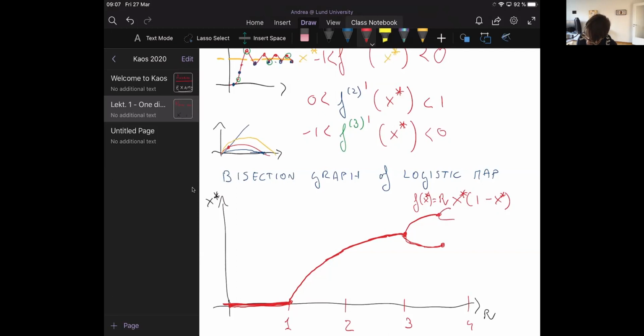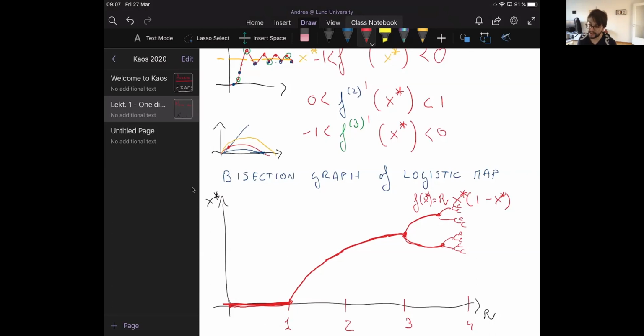And then you have again another splitting of your solution, and for smaller and smaller values, splittings of solutions. Pretty soon, you will reach a point where you have a system that is oscillating among many, many solutions, and you cannot track anymore, and your system does not behave as any sort of periodic system.